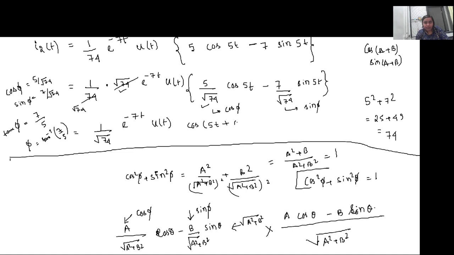So whatever this phi will be, this will be equal to tan inverse of 7 by 5. Is this clear until now? Yes, ma'am. It is clear, right? So I'll just move to the next page.